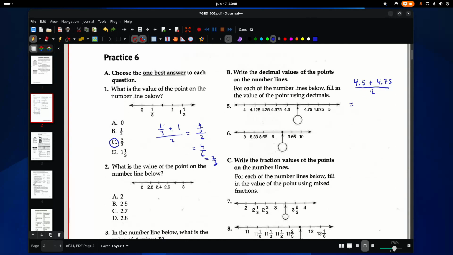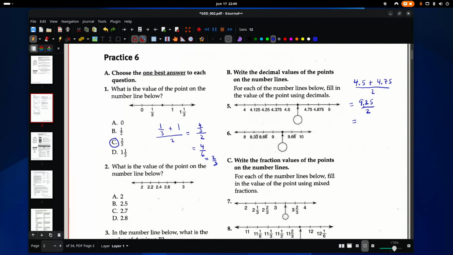That's 9.25, so 9.25 divided by 2. You could use your calculator for this one, but if you don't want to use your calculator, 9 divided by 2 gives us 4.5, and 0.25 divided by 2 gives us 0.125.